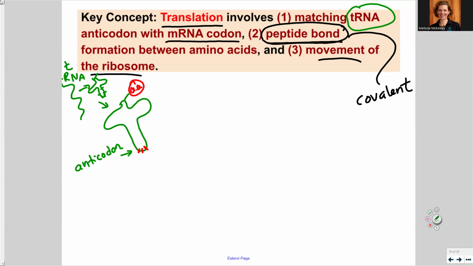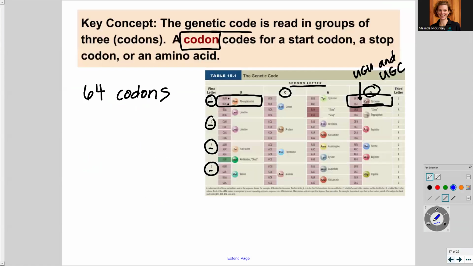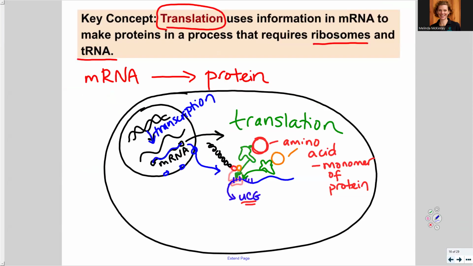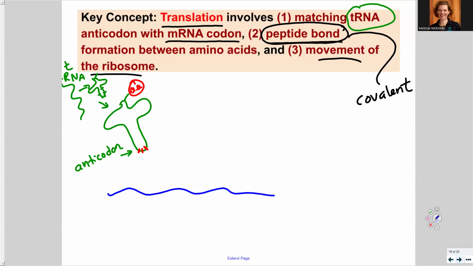So if we have messenger RNA here, and let's just stick with what I had. So I said, what do we say? UCG, right? So we have UCG here. That's going to correspond to cysteine.